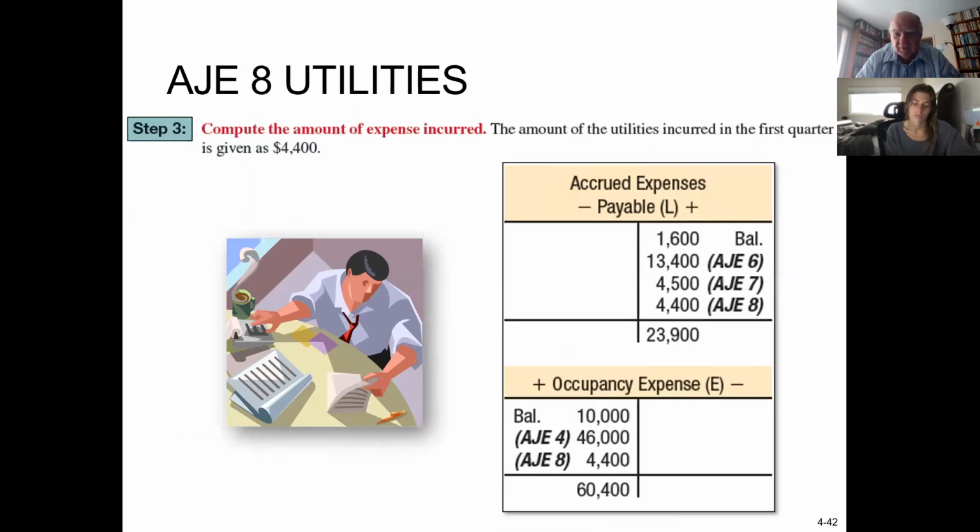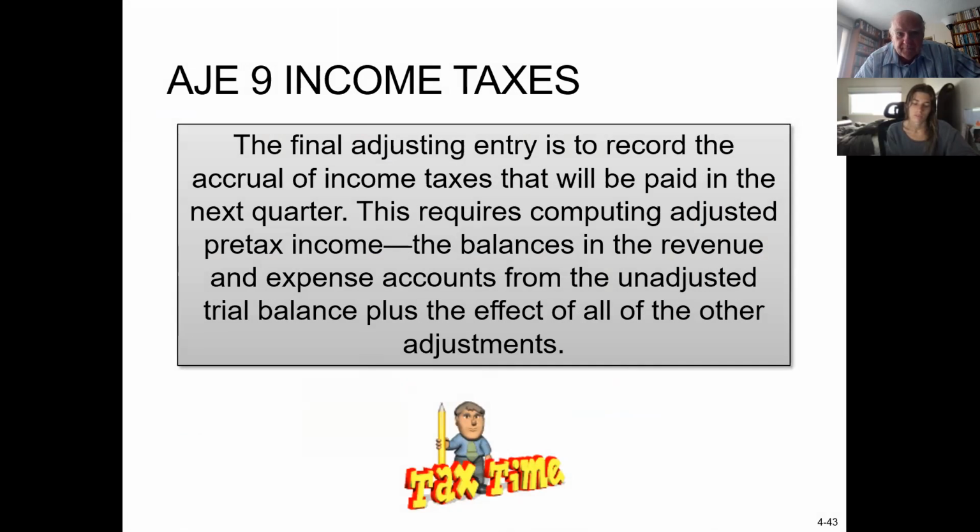And again, we're looking at the buildup of all these accruals. There's our payroll. There's our occupancy. That was the electric, the 4,500, whatever, I forget what that was. And we may have to accrue some income taxes. I don't think you're going to have to do this one, although it's not terribly difficult.